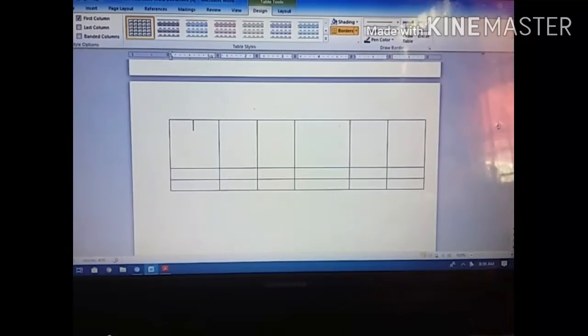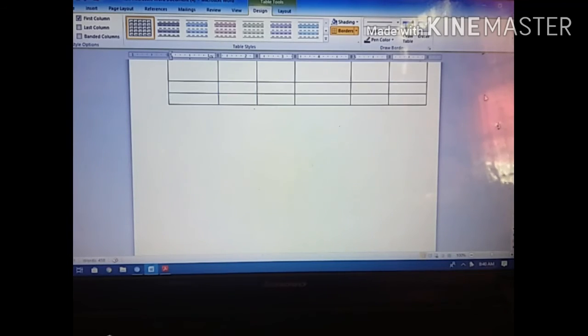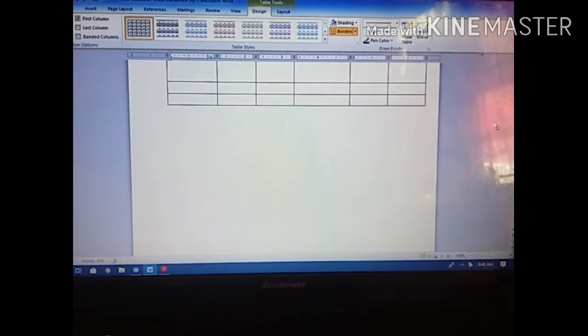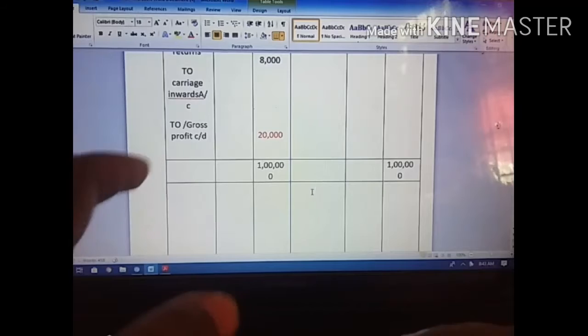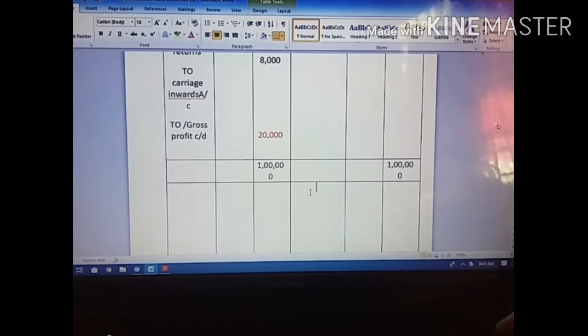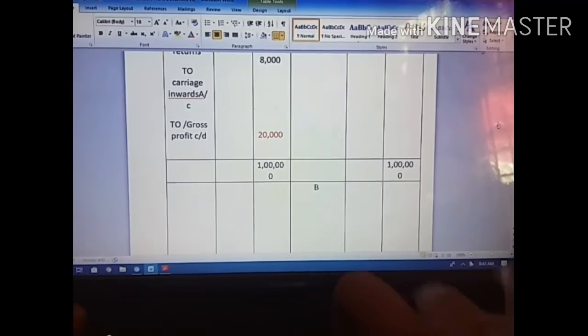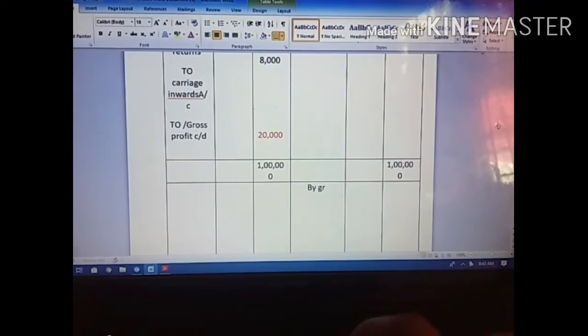Net profit. So now we transfer the gross profit to the P&L account. The gross profit we found is 20,000, and that we have to show on the P&L.